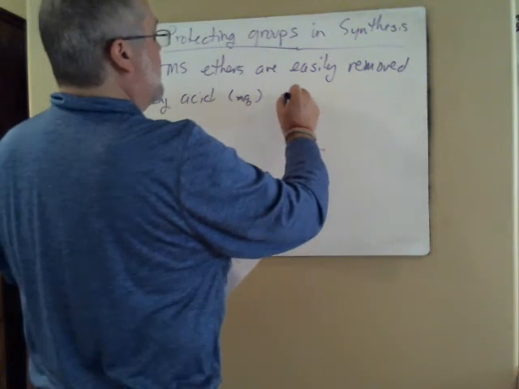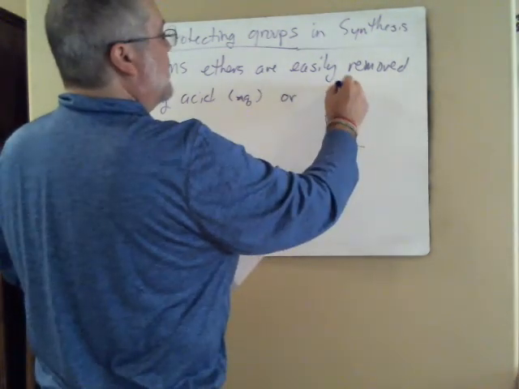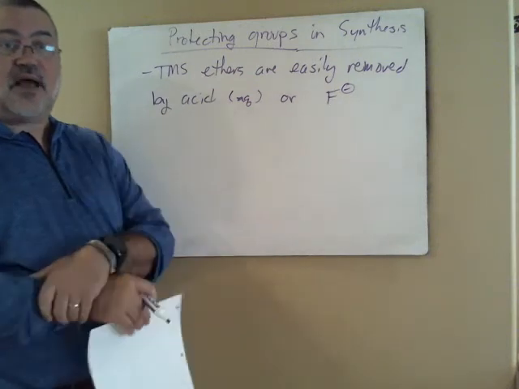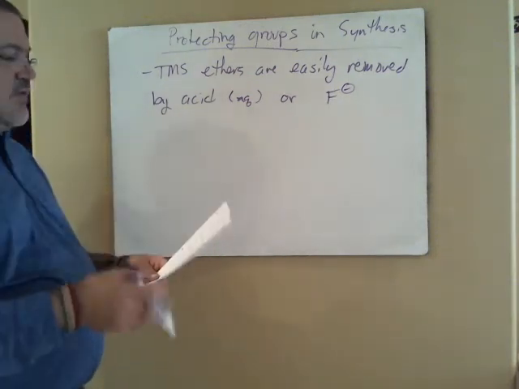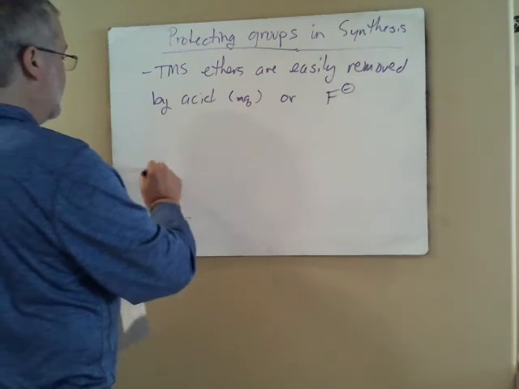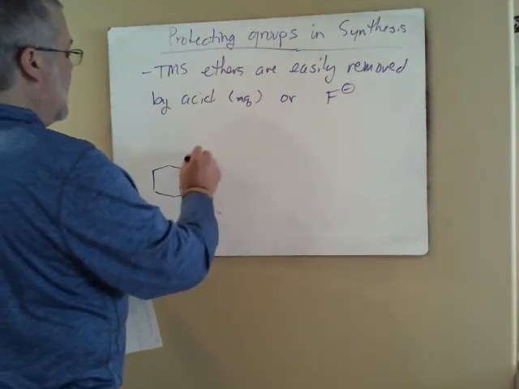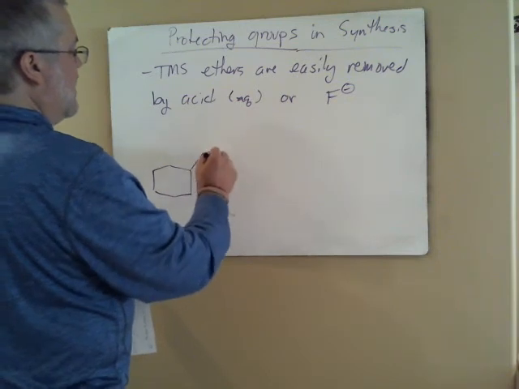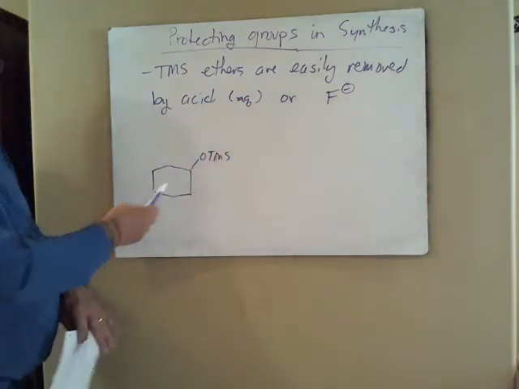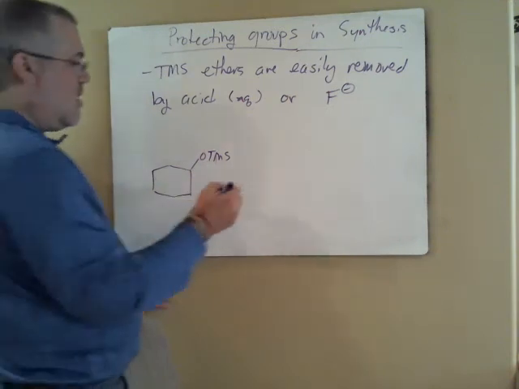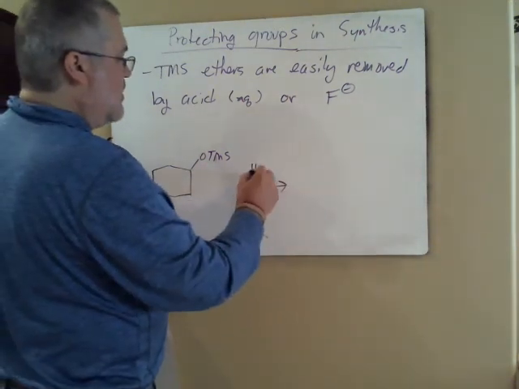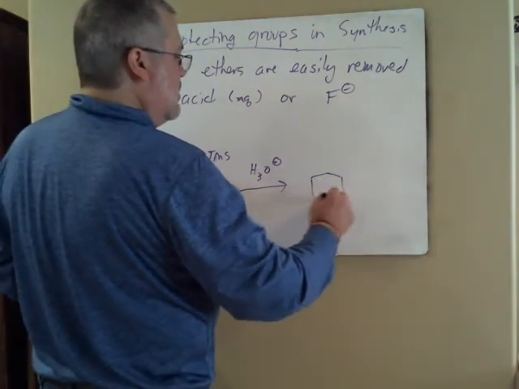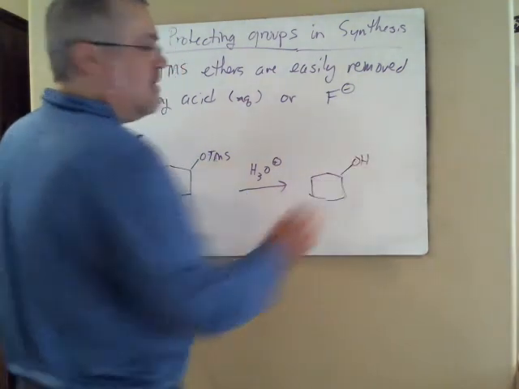You can also remove it with anything that's got a fluoride anion. Will easily remove it. Okay, and so that means, just for example, if I had a TMS ether where I've protected what was the alcohol, all I have to do is treat this with an aqueous acid, and I will obtain back the alcohol.